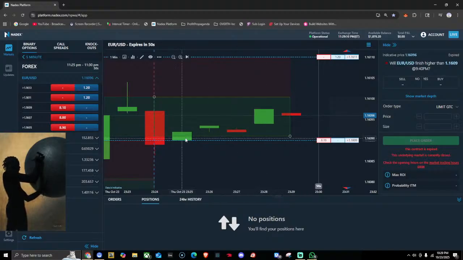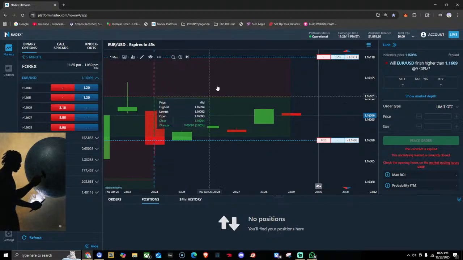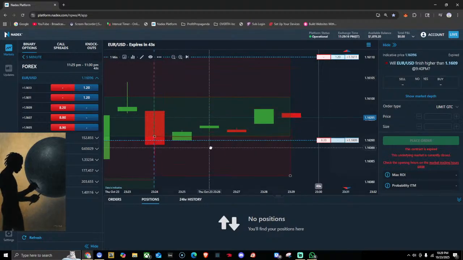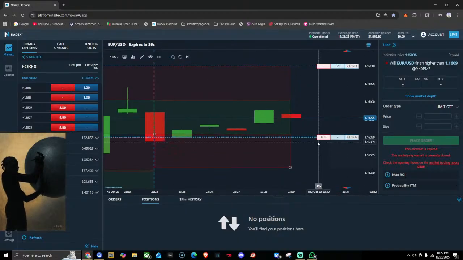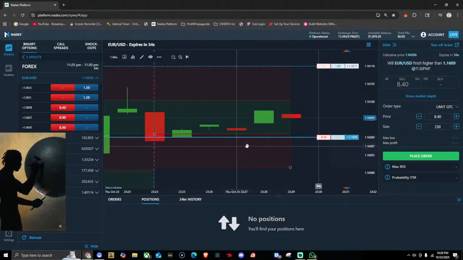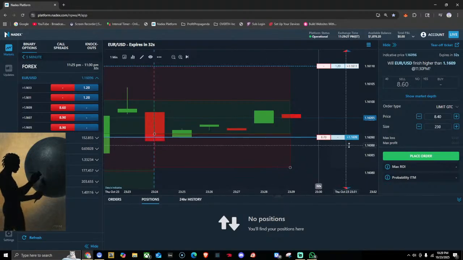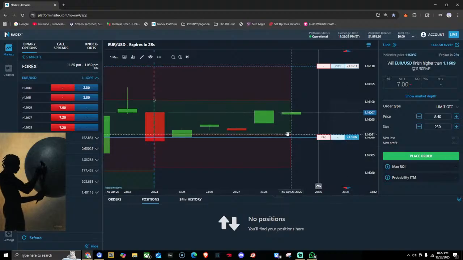So if the market, like right here, for example, has touched outside of that green, it's in a seller's position, because that's where the seller's position starts. The line is at 1.16090. The seller's position starts at 1.16090. This buyer's position starts at 1.16091, which is 1 micro pip above the strike.